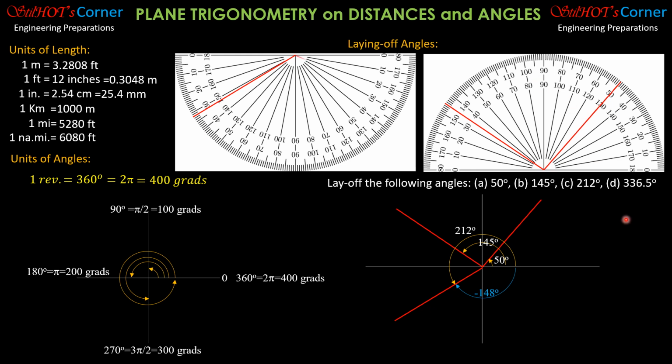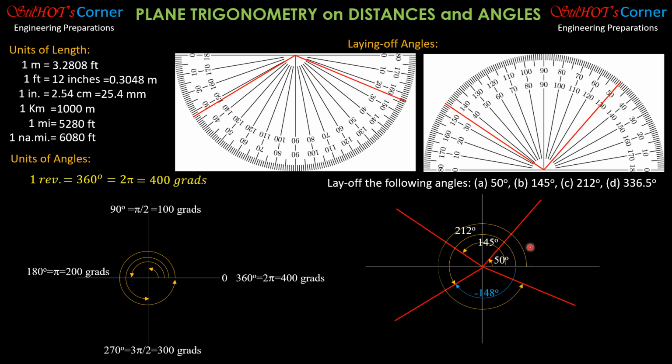Then for 336.5 degrees, so that's 270, 280, 290, 310, 20, 30, 335, 336.5. So that's it. After fitting it here, then transfer, lay off.